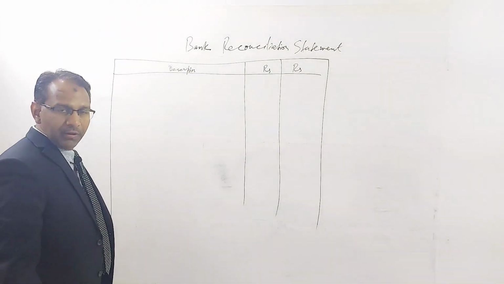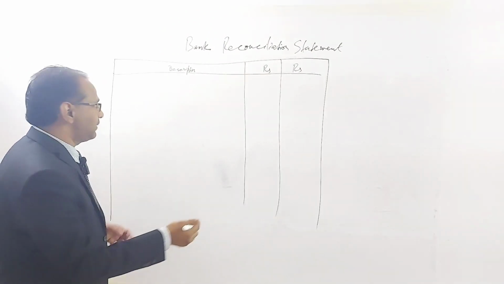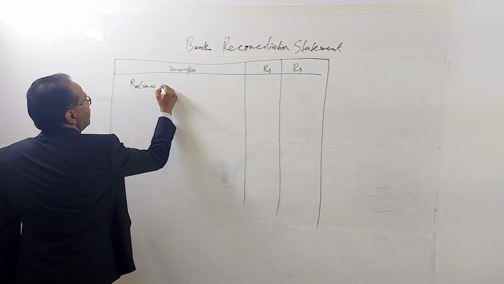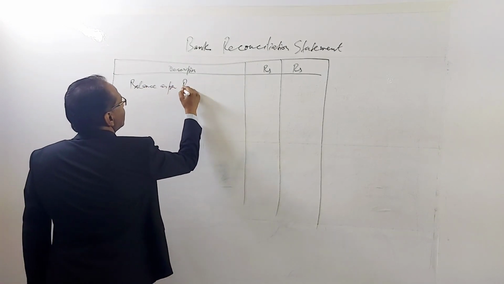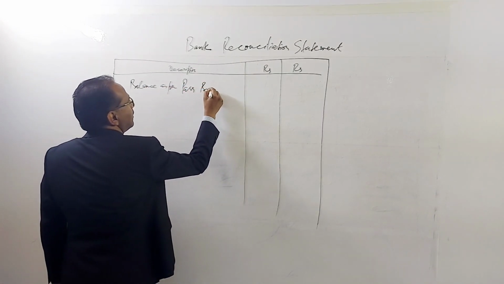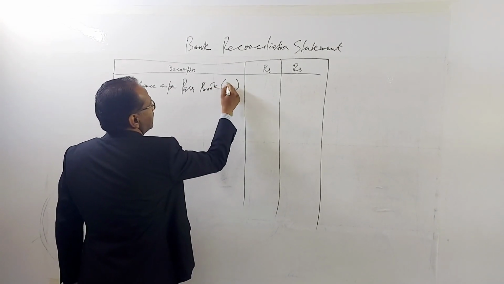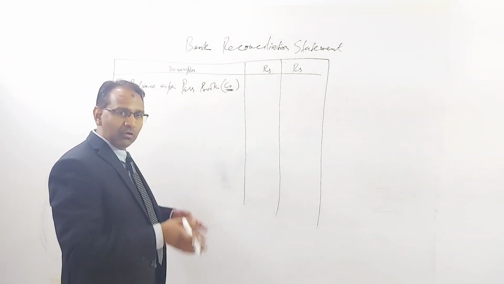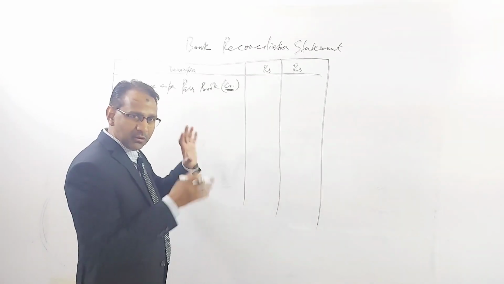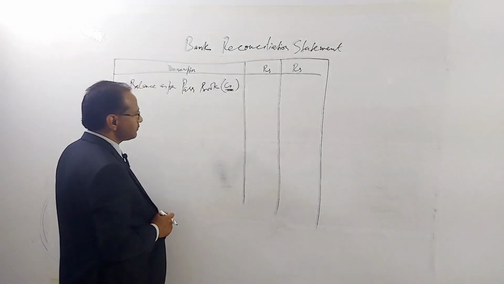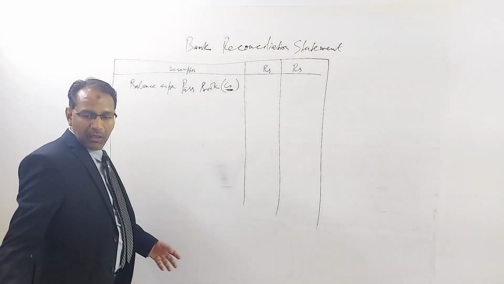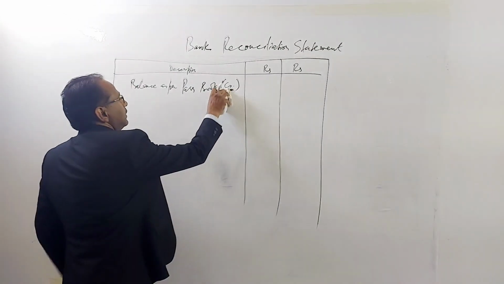We are starting with the credit balance as per the passbook. If nothing is mentioned, this means it is credit, because a passbook credit balance is positive. If it is debit, then it becomes an overdraft. So it is credit, and even if you do not write it, it is not an issue.